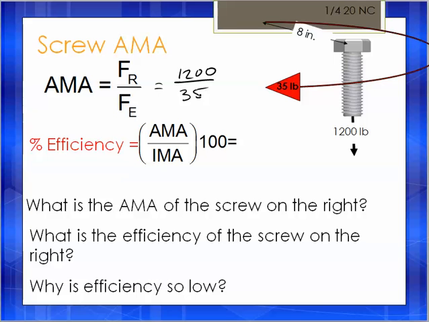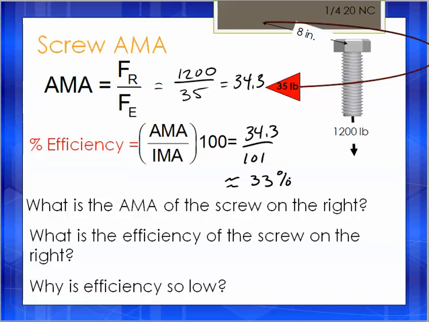So we get 1,200 divided by 35, and we get an actual mechanical advantage here of about 34.3. The efficiency then is going to be 34.3 over 101. And as you can tell, that's going to be very close to about 33 to 34%.